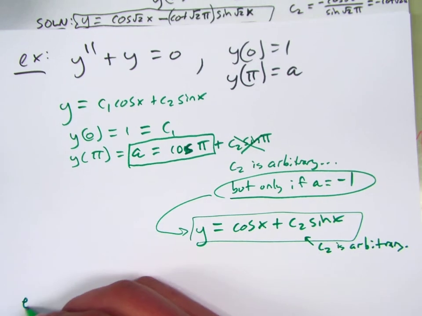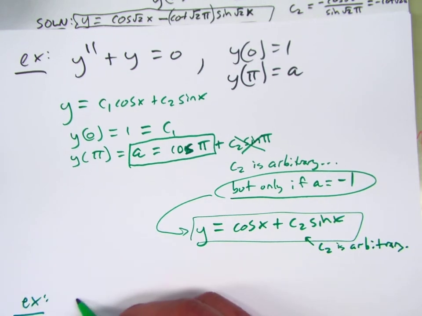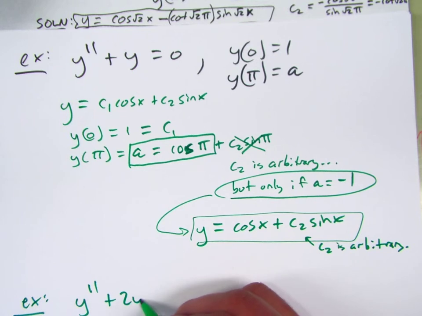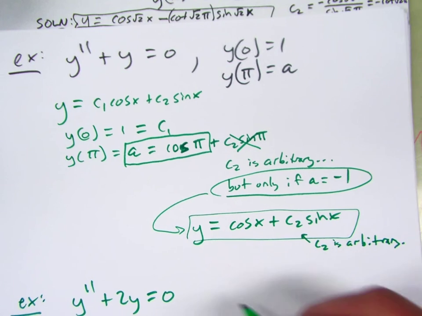Okay. Let's try this one. y double prime plus 2y equals 0. So same as the first one, but just slightly different conditions given.